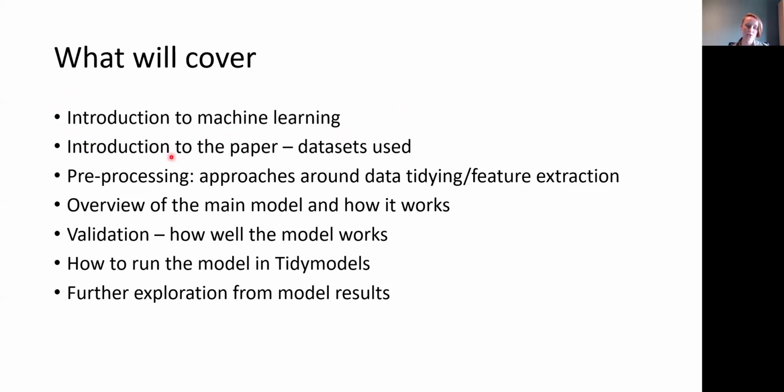I'll do a quick introduction to the paper, go over the data sets used and what data is actually included, and then go through some of the pre-processing approaches around data tidying or feature extraction where that's needed, go through the main model that they use and conceptually how it works. So I won't go into any of the maths behind it really, but thinking about how we can logically think about how the models work.